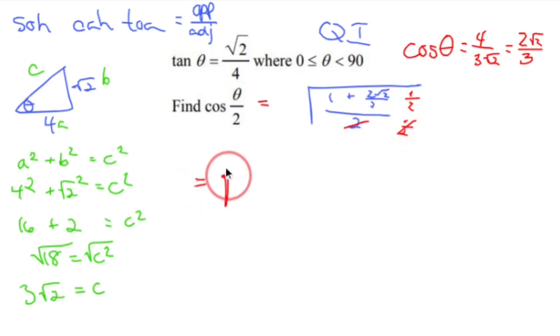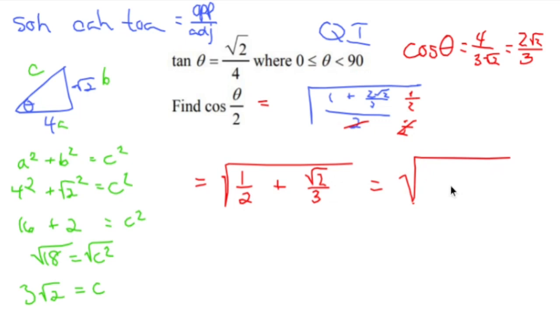So this becomes distribute 1/2 plus root 2 over 3 after I simplify the 2's. Multiply that by 3, multiply that by 2, and I have 6 on the bottom. So I have 6 on the bottom. I have 3 plus 2 root 2.